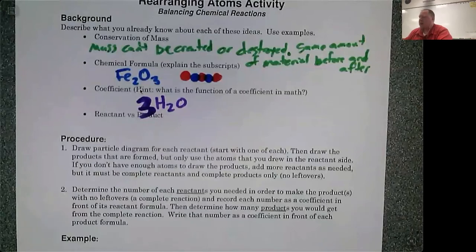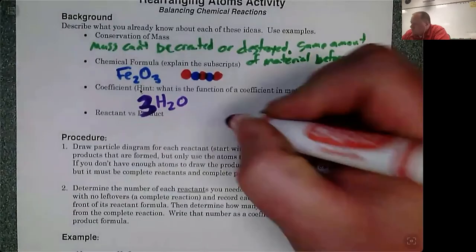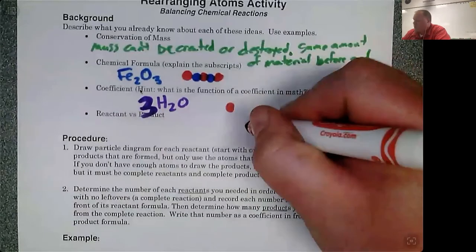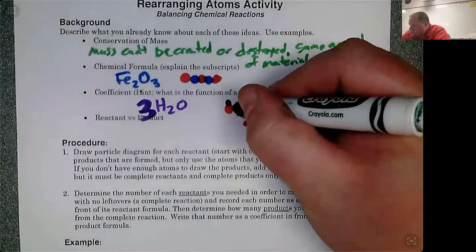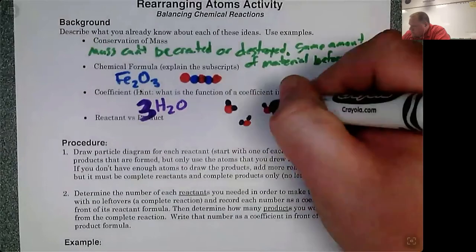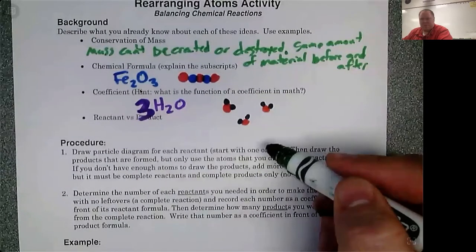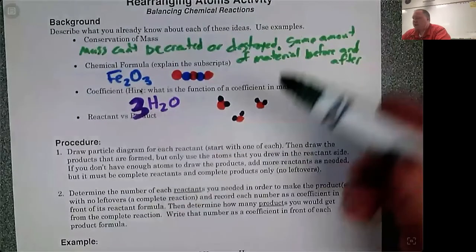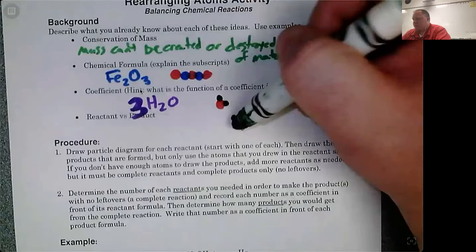What that 3 is telling me is I actually have 3 water molecules. Three water molecules. Everybody follow that? That's what that 3 represents. Now, each water molecule has 2 hydrogens in it. So there's 2 here, there's 2 here, there's 2 here.